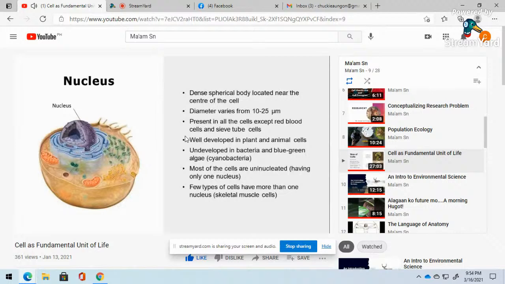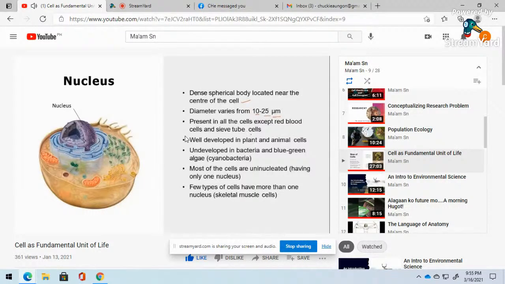The nucleus. The nucleus is a dense spherical body located near the center of the cell. The diameter varies from about 10 to 25 micrometers. It is present in all cells except in the red blood cells and the sieve tube cells.